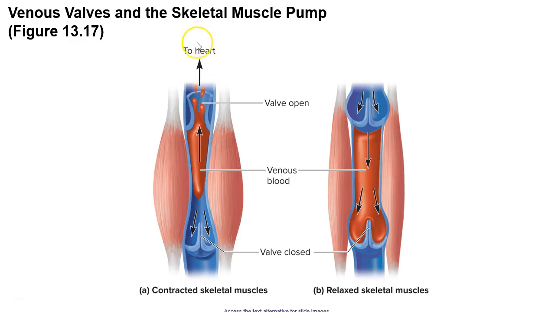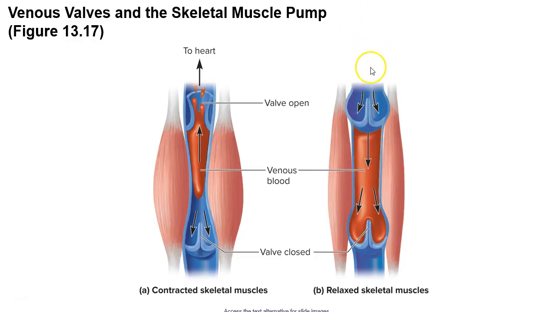the blood will move up past the valve, and then when the muscle relaxes, that blood will want to come back down and travel in a backwards direction thanks to gravity. And so those valves are there to close off as that blood starts flowing back down and trying to travel in a backwards direction. These valves will close and prevent that backwards flow of blood. You can then perform another skeletal muscle contraction to squeeze that region of the vein and force that blood up into the next section, right?